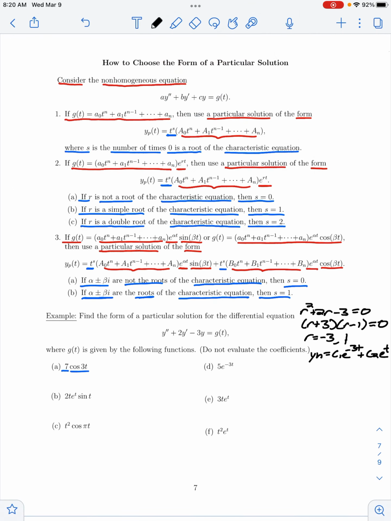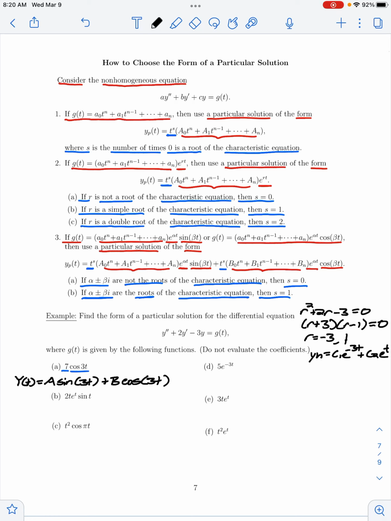For our particular solution, we would consider some constant, let's say a, and then since we had a cosine of 3t term, we will have to include both a sine and cosine term as part of our particular solution.